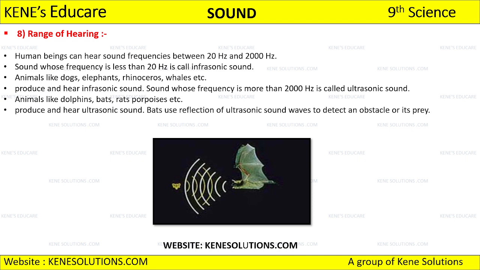And bats use reflection of ultrasonic sound waves to detect an obstacle or their prey. So whenever a bat wants to catch its prey, it uses the reflection of the ultrasonic wave for that.